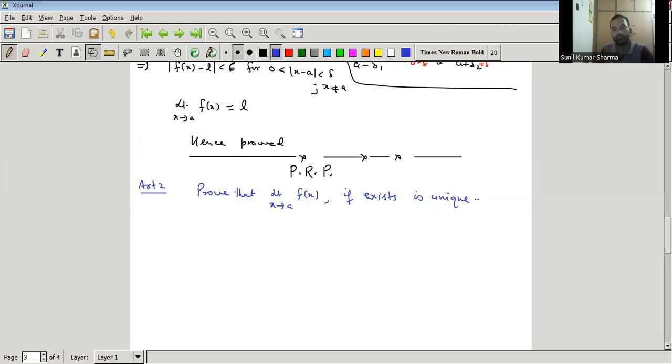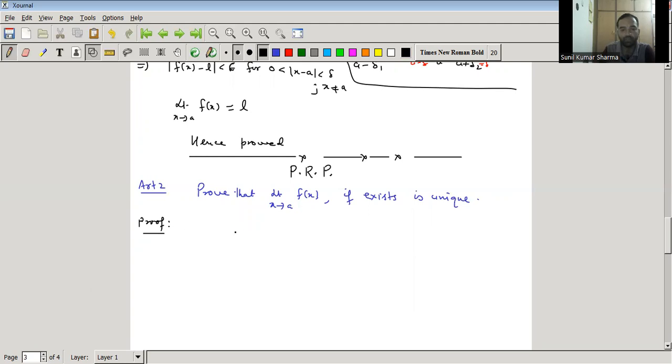So we have to prove that if the limit of the function exists, then it is unique. If it is not unique, then what happens? It may have more than one limit, right?